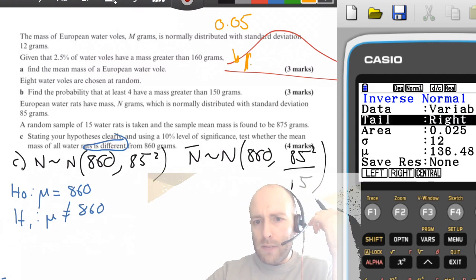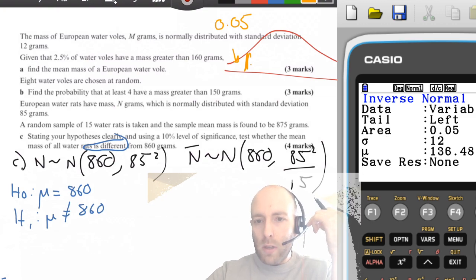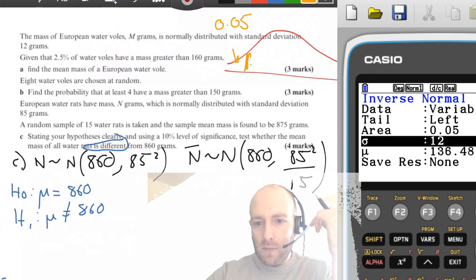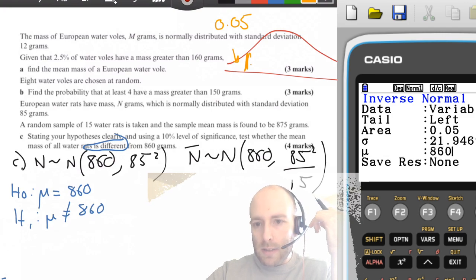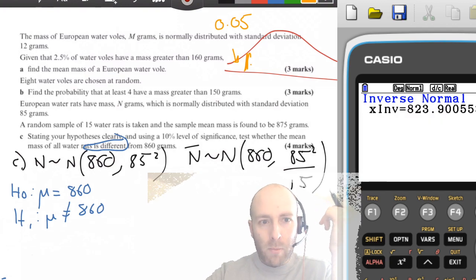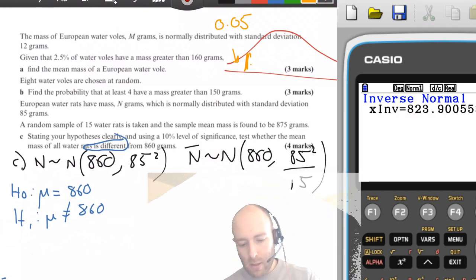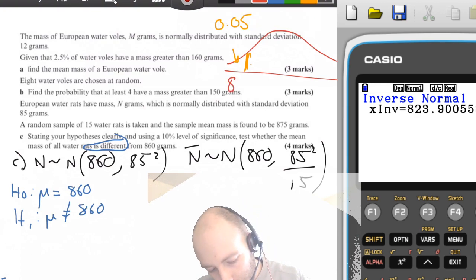So if we do the left tail first, the area 0.05, we know sigma is going to be 85 over square root of 15, and mu is 860. So go to execute, and we get 823 as our lower value, which I'll add to the graph there. So 823.9.